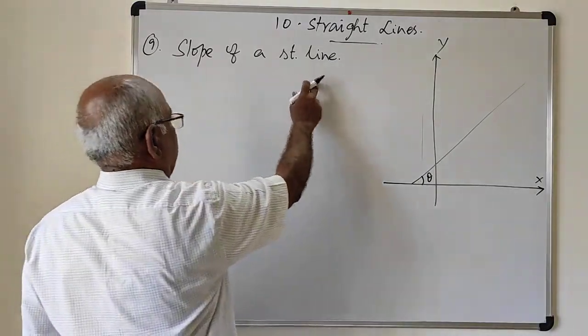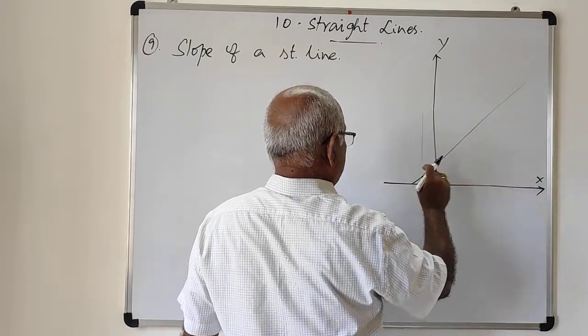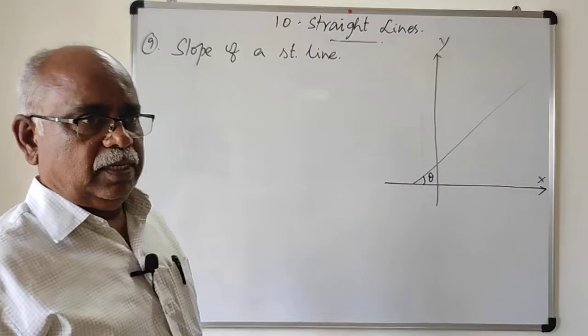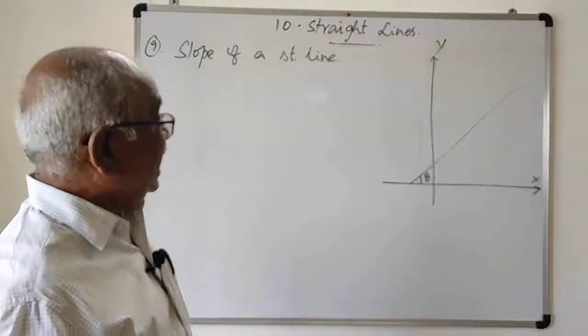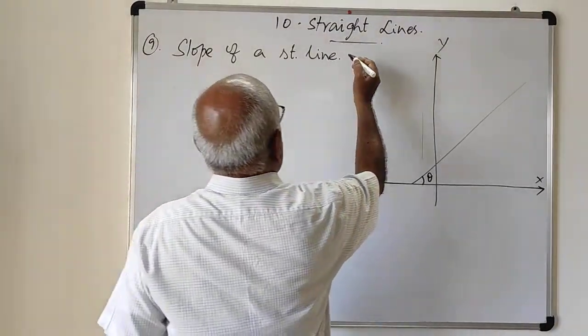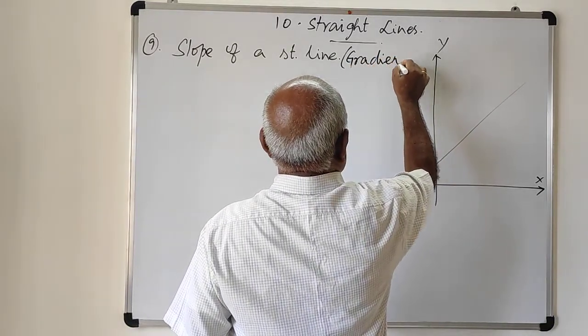Its tangent value is called the slope or gradient. Slope of a straight line is also called gradient. Both are the same.